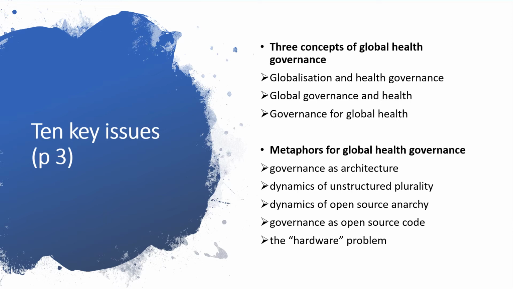So governance means there's a set design and some sort of centralized decision making that governs a system or a problem or an issue, whether it's a health issue or some other issue.